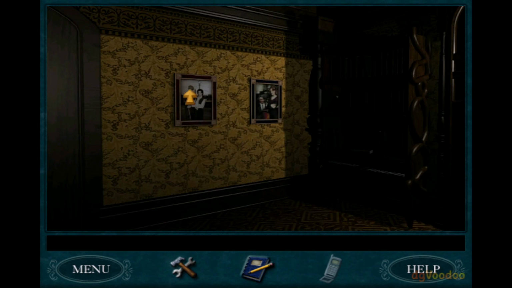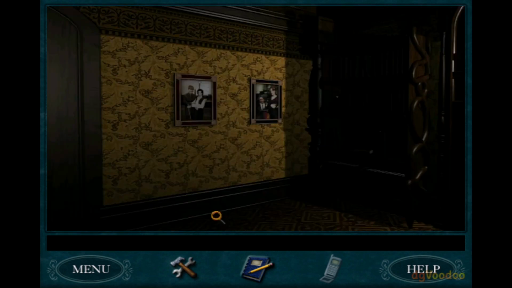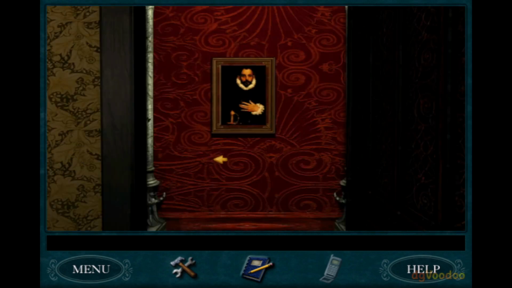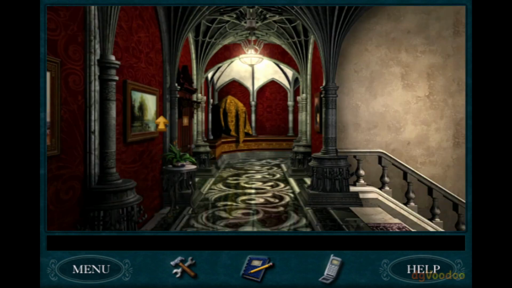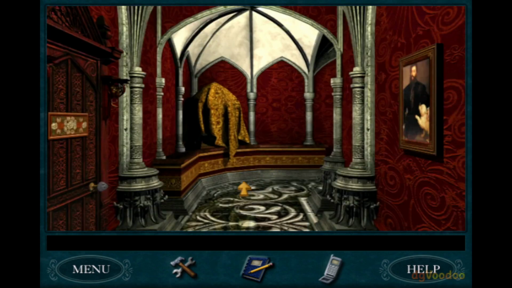Okay, well, we can look at the photos. Let's check out the rest of this corridor.